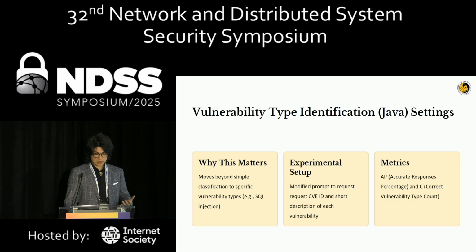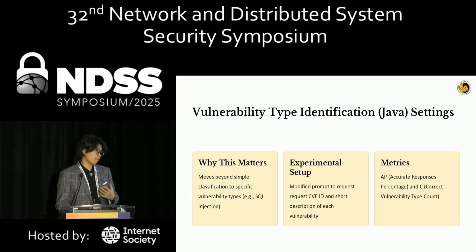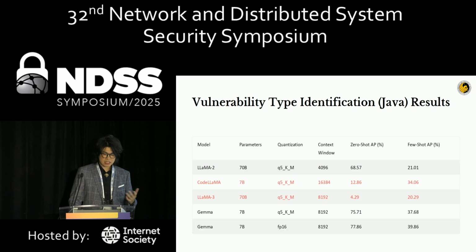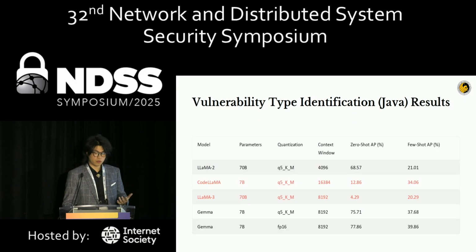We also tried a few-shot setup by providing two example vulnerabilities, though we removed them from the main datasets to avoid leakage. This table is a smaller slice from our overall Java type identification results, showing each model's zero-shot accuracy alongside its few-shot accuracy.